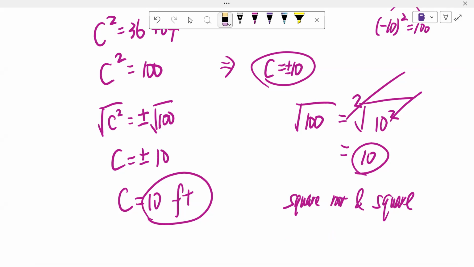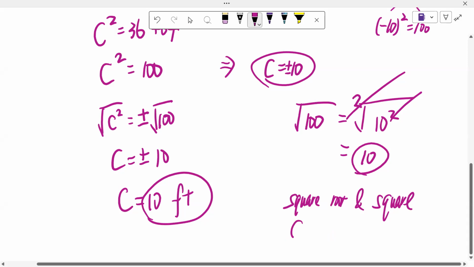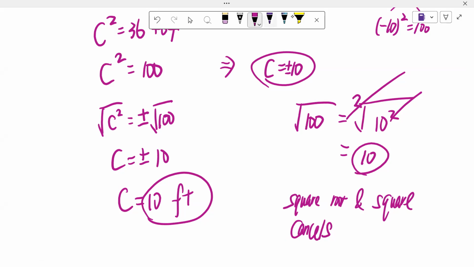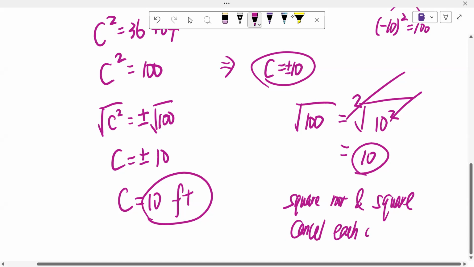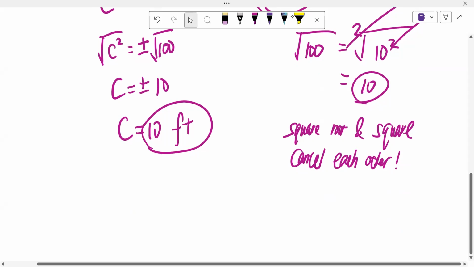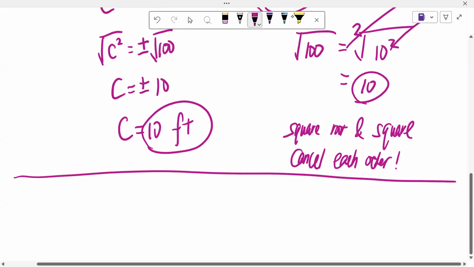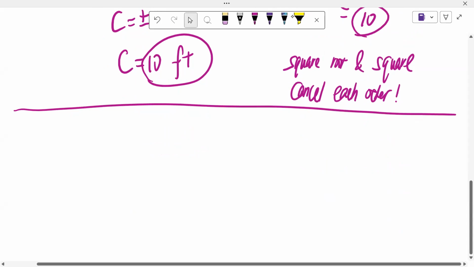Or cancel each other, that's another way of saying it. That's our goal, so we can end up with a 10. This is basically how mathematicians created the square root in the first place, to help us understand some real world phenomena.